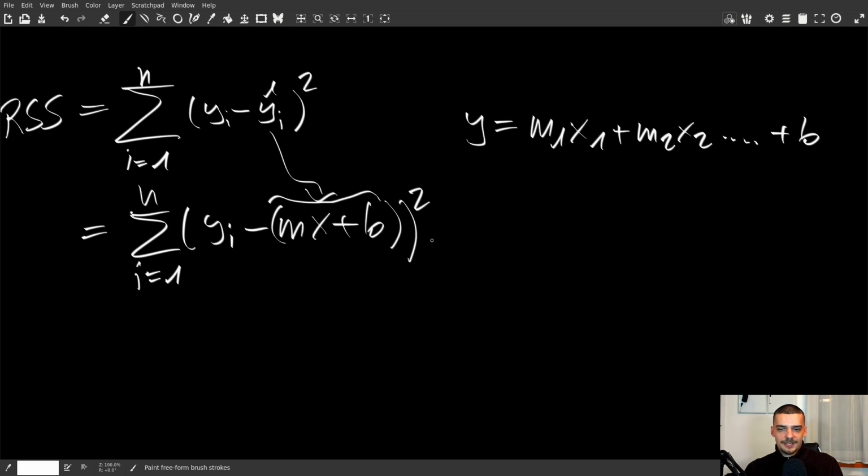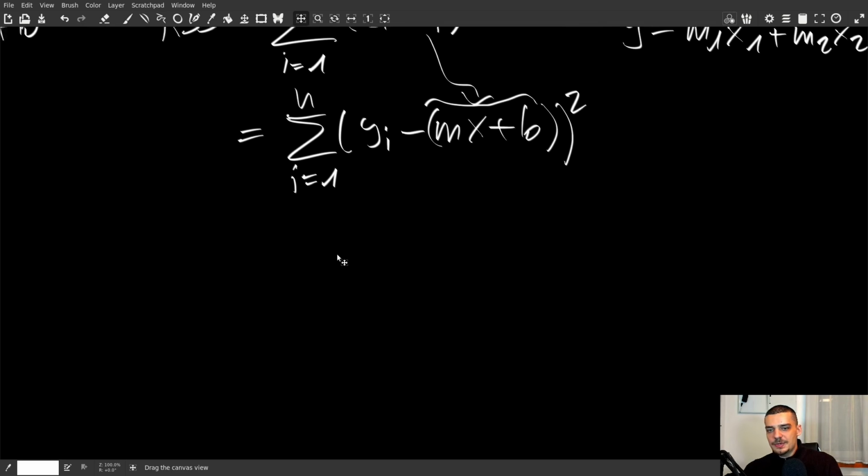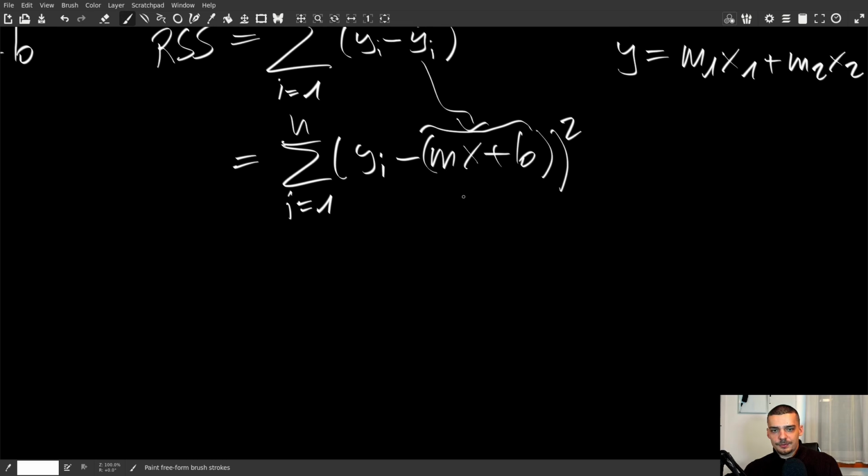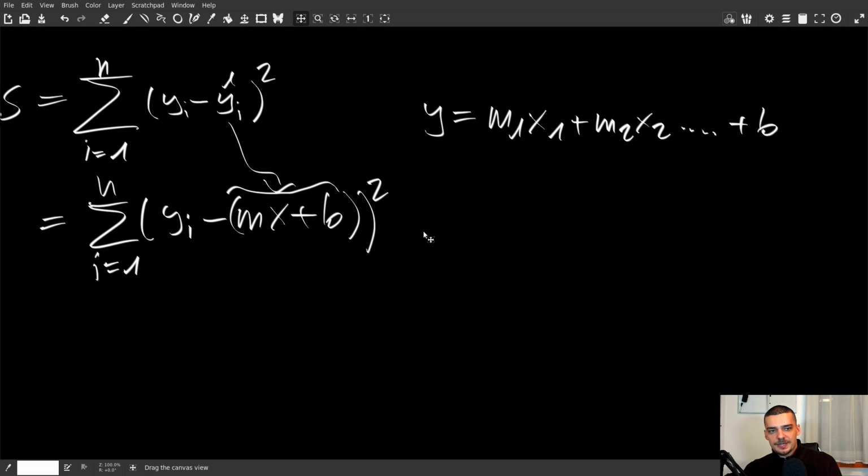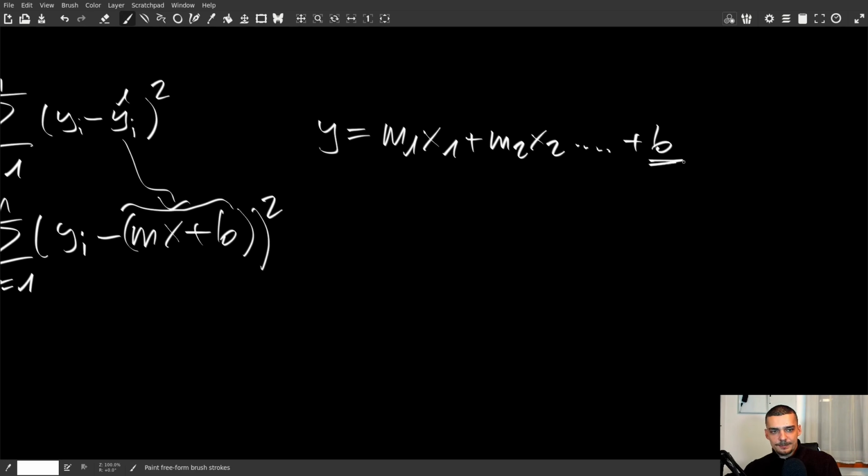So I should actually use vector notation, matrix notation. But fast forward, what we can do if we write this for multiple examples, because I can of course also calculate this not as a sum, but as a matrix calculation. What I have is essentially all my coefficients and my input. And we can also make a trick here in order to not have to write b separately. We can say we have x1, x2, x3, but we can also say x0 is always going to be 1 and m0 is just going to be b.